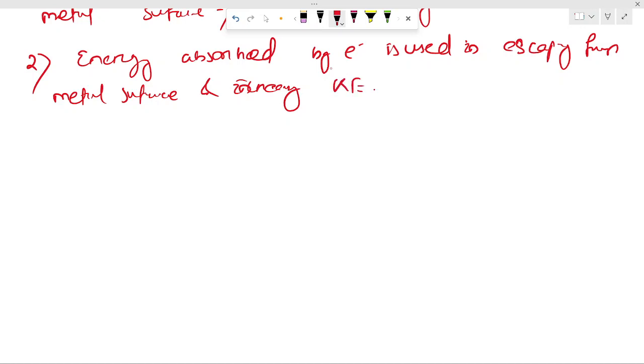So the energy absorbed by the electron, in which way is it used? It is used in escaping from your metal surface and increasing the kinetic energy of the electron. That's why I have written earlier that K max is directly proportional to your frequency.